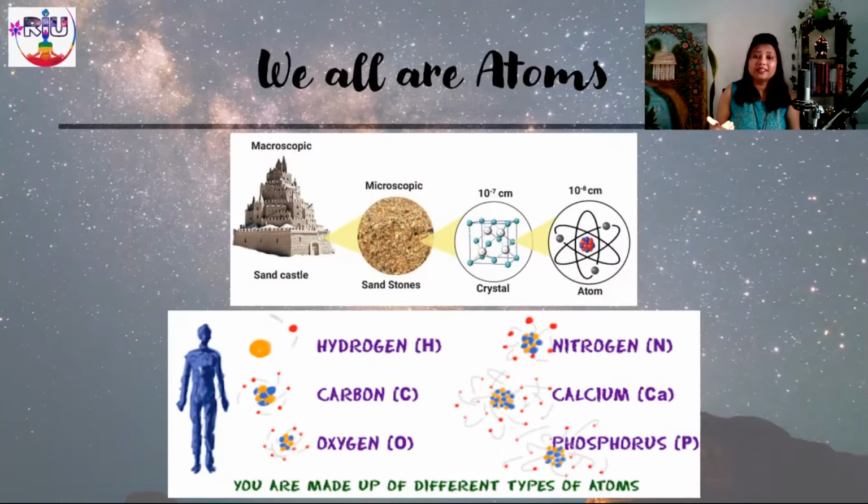Then atoms are again subdivided into subatomic particles like electrons, protons, neutrons. A human body consists of hydrogen, nitrogen, oxygen, carbon, calcium atoms, right? So if it is a living or non-living object, at the atomic level, we all are the same. We all are atoms.